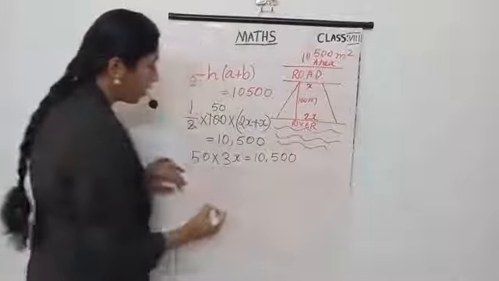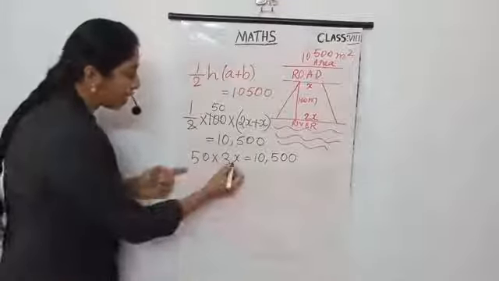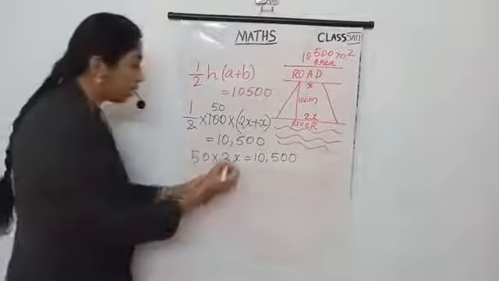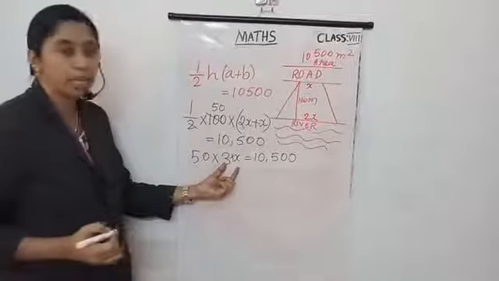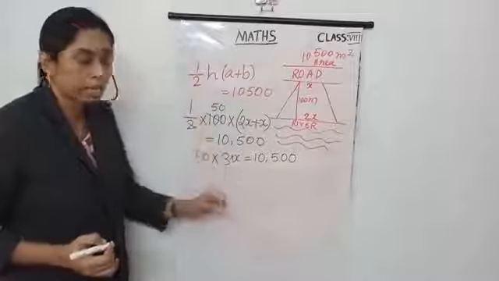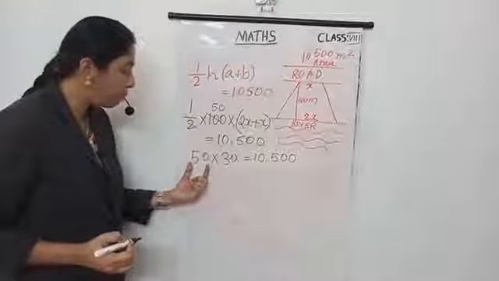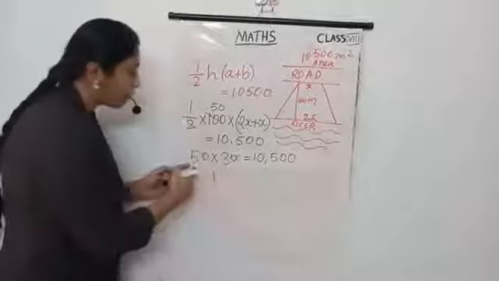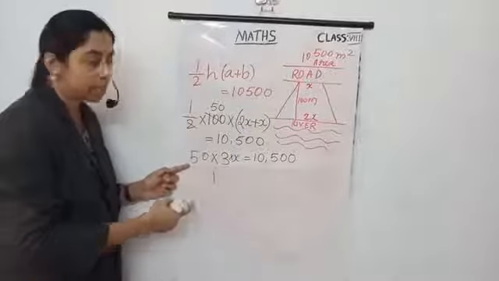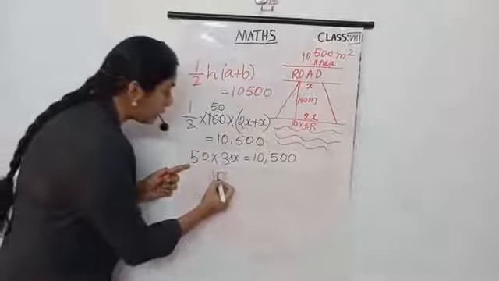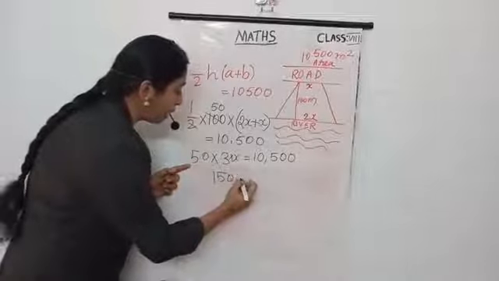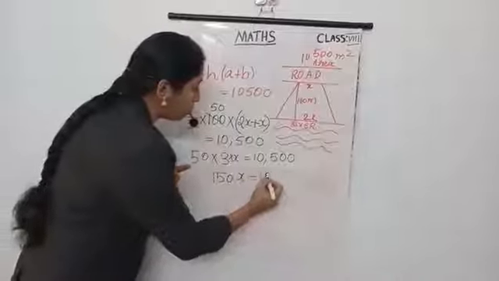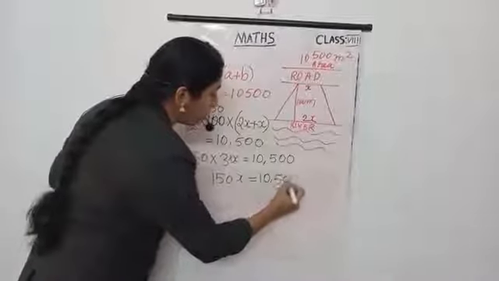Now we can split this as 50 into 3 into x. The meaning of 3x is 3 into x. So we can multiply 50 into 3. Here we get 5 into 3, 15, then this 0, we get 150 into x equal to 10,500.